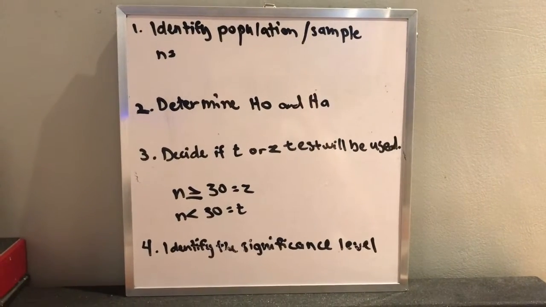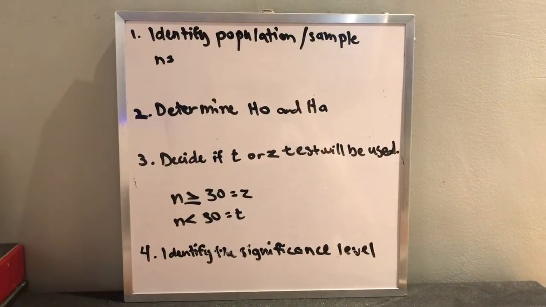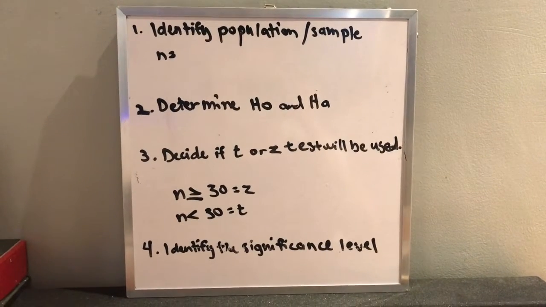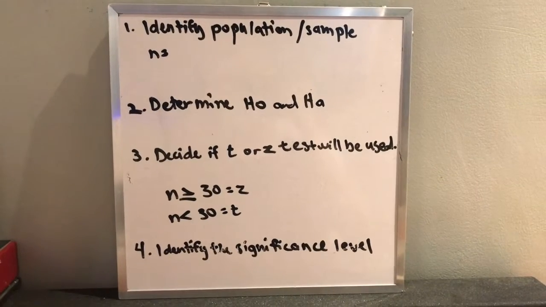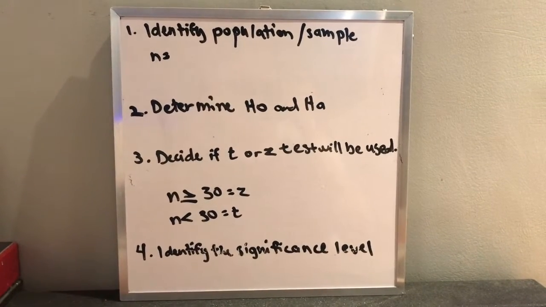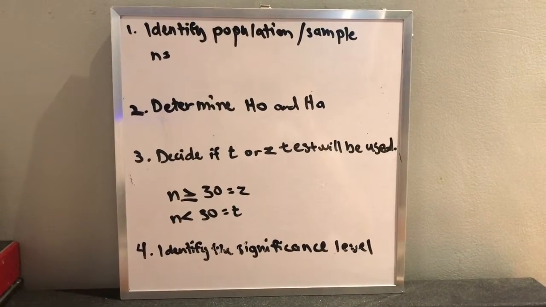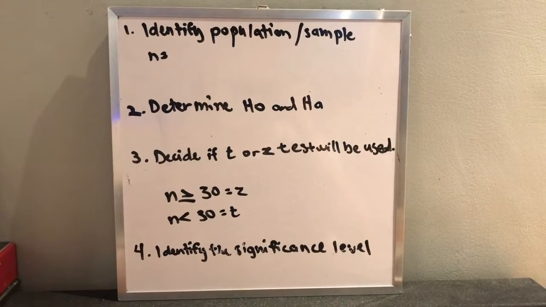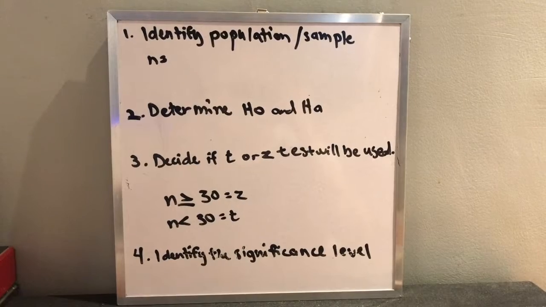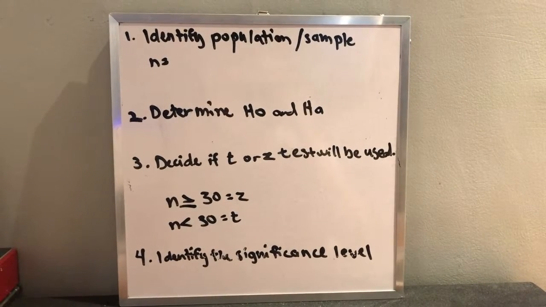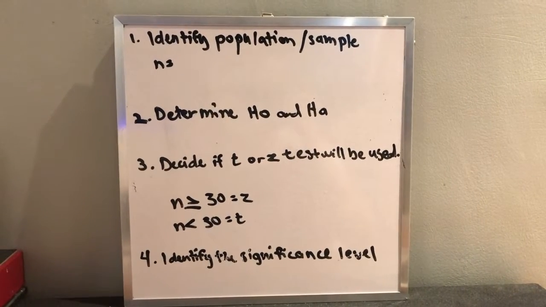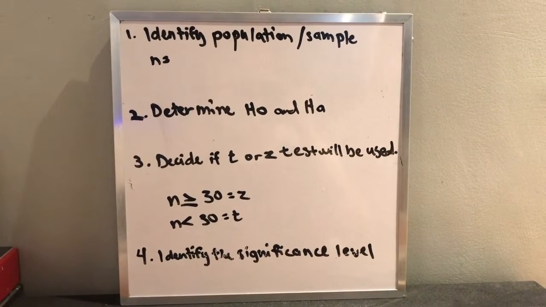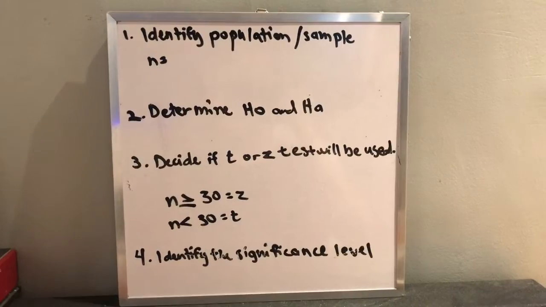So now, we will head on to the first 4 steps in order for us to determine whether we accept or reject the null hypothesis. First, identify the population, sample, and the sample size of the given word problem. Now, in the given word problem, since it talks about the new antibiotic drug and the average antibiotic drug, we will therefore identify the population as all antibiotic drugs.